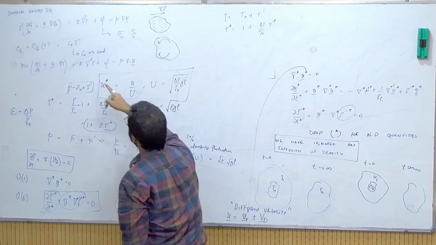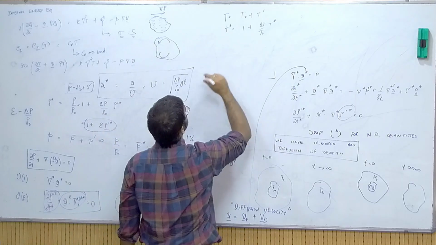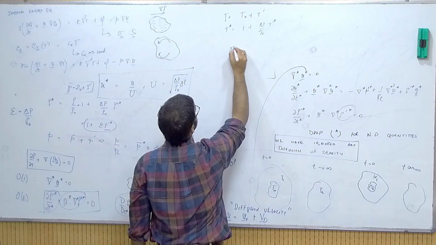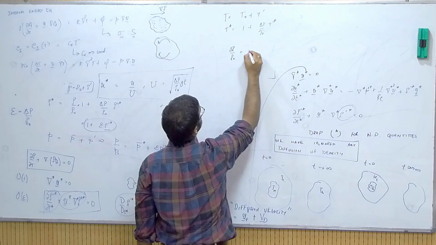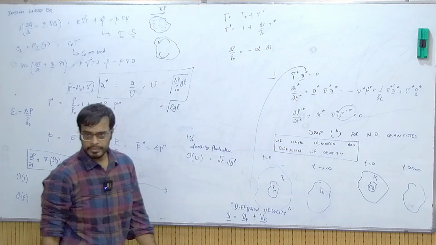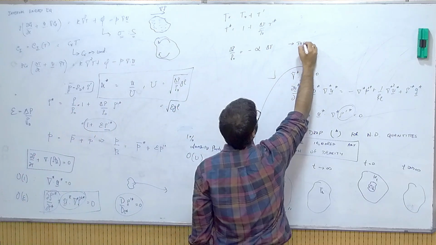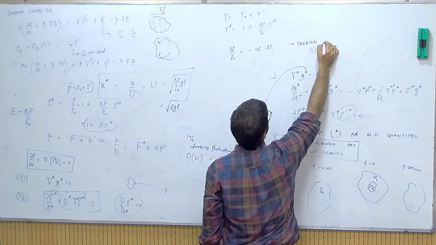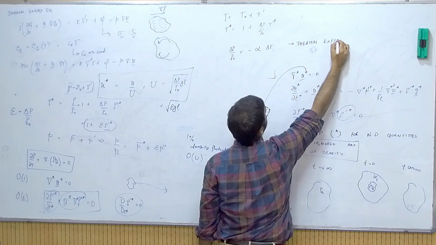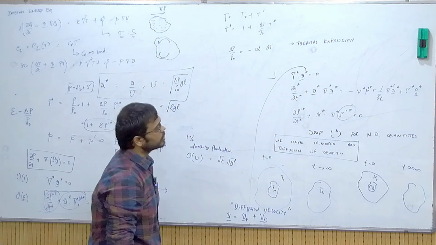You can relate the delta rho over rho naught and delta T over T naught using the thermal expansion relation, that delta rho over rho naught is minus alpha times delta T. This is the thermal expansion relation, where this alpha is the thermal expansion coefficient.